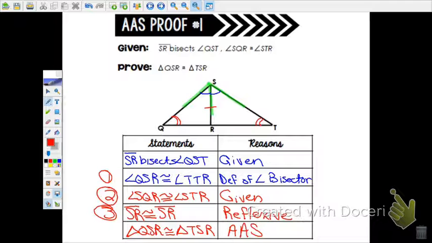To be able to use angle, side, angle, I would have had to know SQ and ST. Okay, that side is between the two angles. This one is not. So it's angle, angle, side for that proof.